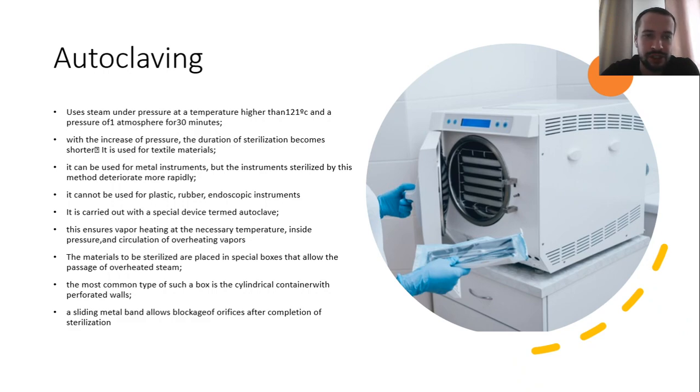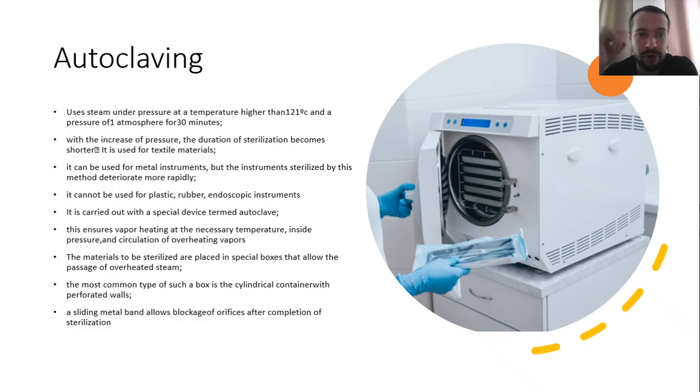It's used for textile materials. It can be used for metal instruments, but the instruments used by this method deteriorate more rapidly. It cannot be used for plastic, rubber, endoscopic instruments. It is carried out with a special device termed an autoclave.